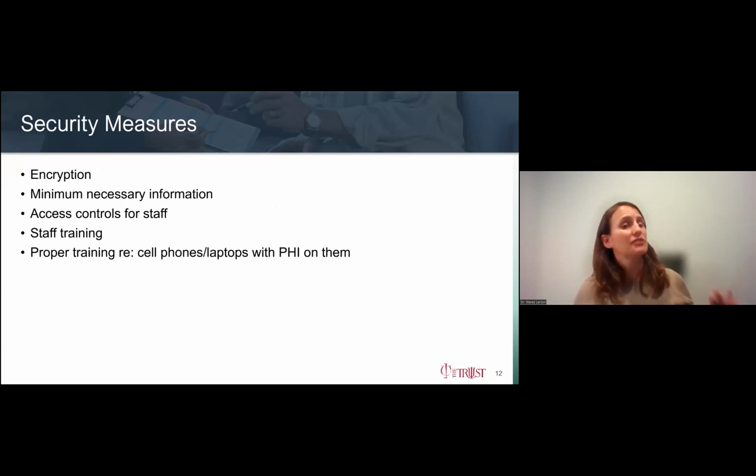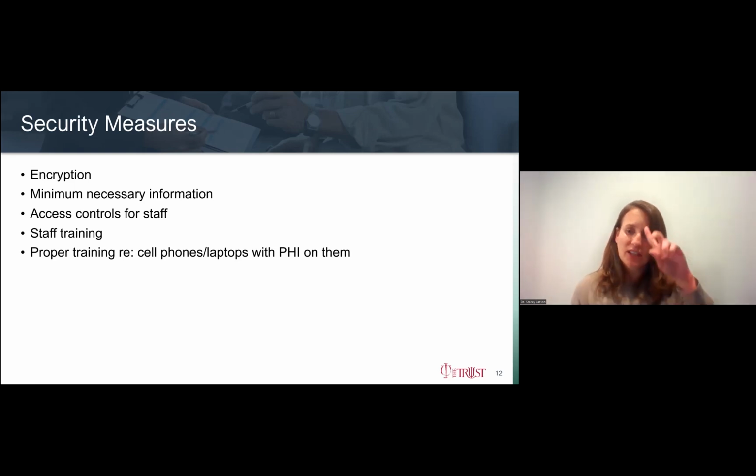So some examples of different security measures that providers can use. We talked about those risks, those different areas of risk, and needing to be aware of where people are, who's accessing, that sort of thing. But some examples of measures that providers can take include encryption, which is, as I said, the act of ensuring that the information is not readable unless you have the appropriate encryption key.